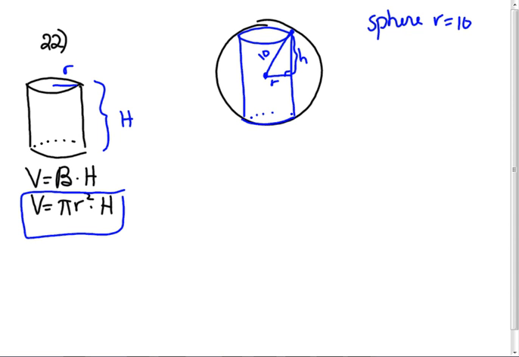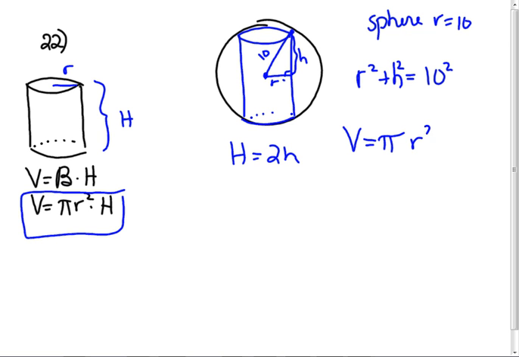There's a relationship there. What is it? It's Pythagorean theorem. r squared plus h squared equals 10 squared. Now, how big is capital H? If little h is here, what's capital H? 2 little h's. So my volume equals pi, this is the hard part, r squared times 2h.